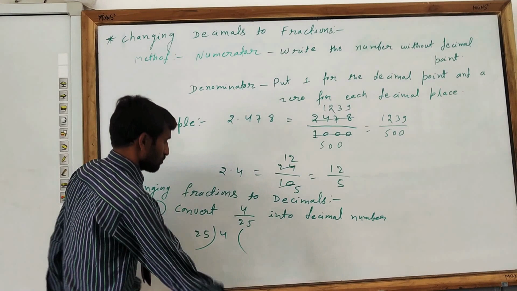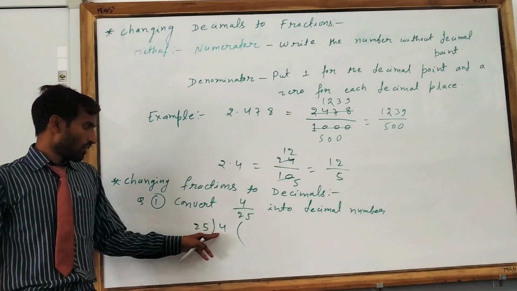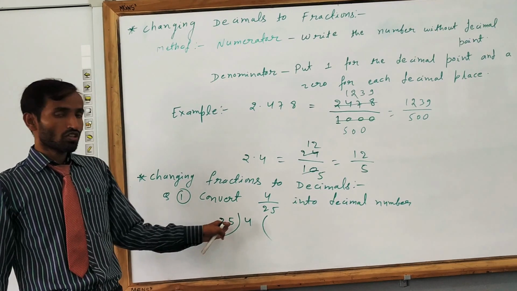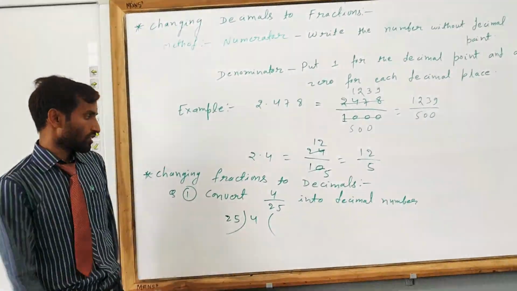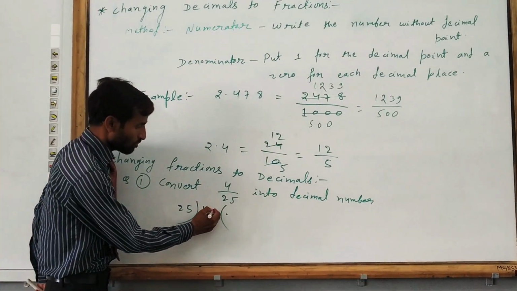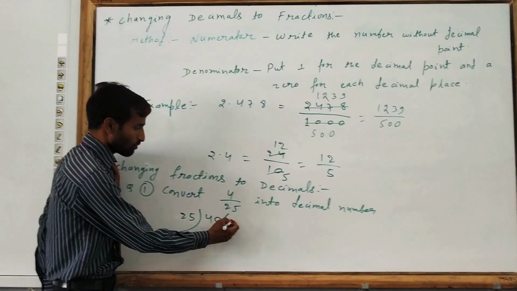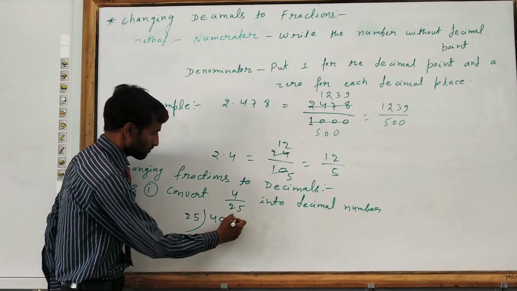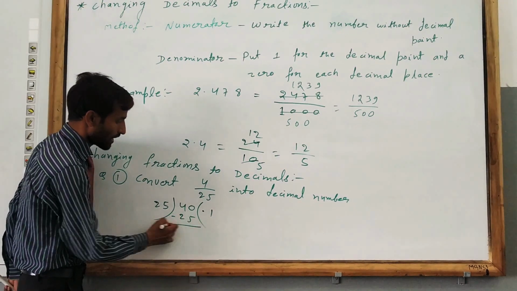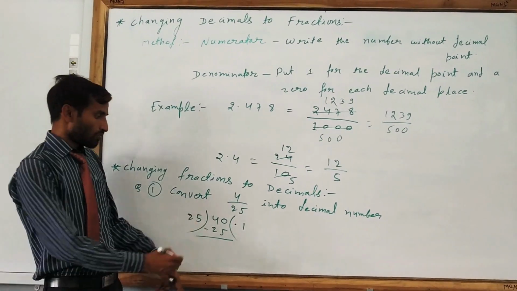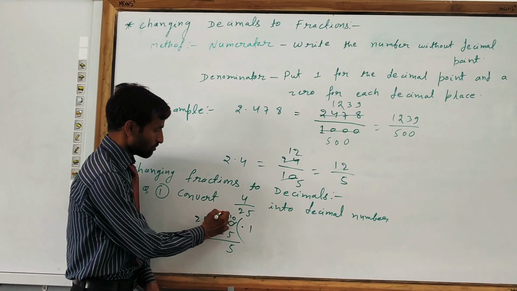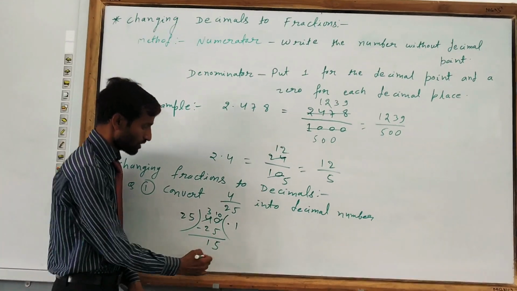Since 4 is smaller than 25, you have to put a point, and then put a 0 next to 4, making 40. 25 goes once, giving 25. Then we subtract, and the remainder is 15.